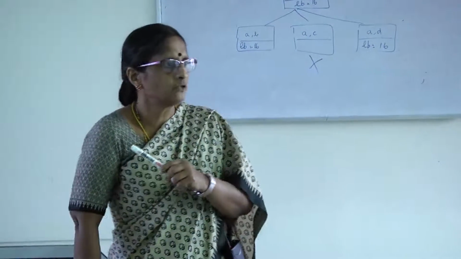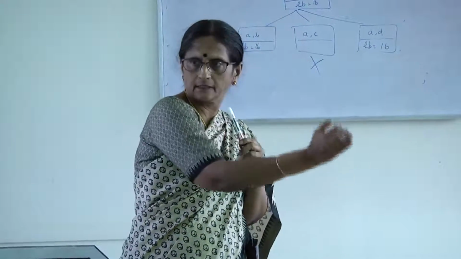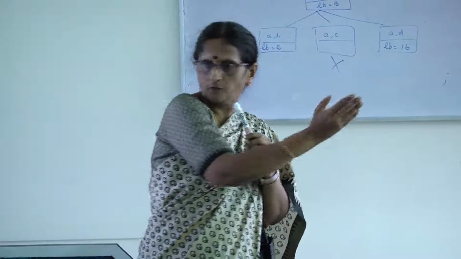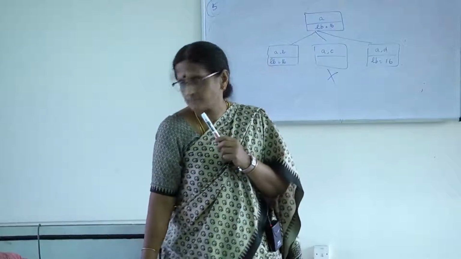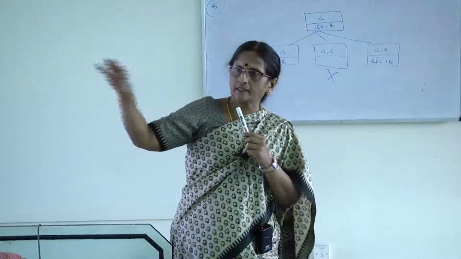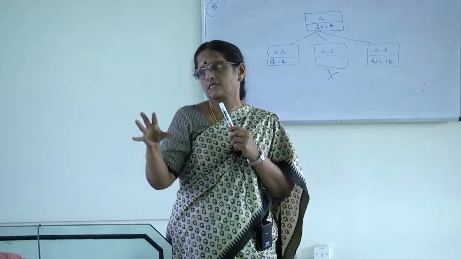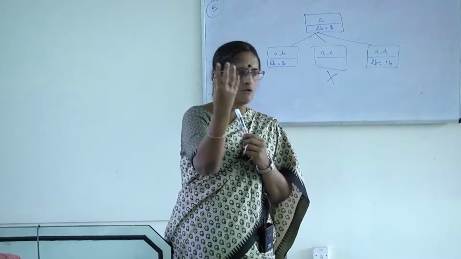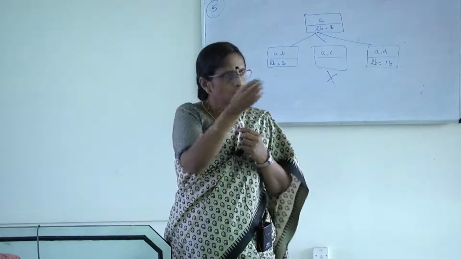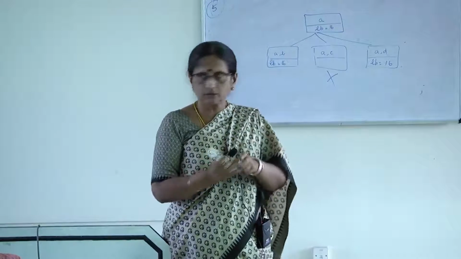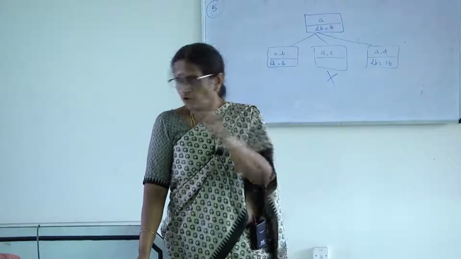The basic difference in the way you compute the state space tree of backtracking and branch and bound is that in backtracking you construct it depth-wise. You place the second queen, you place the third queen, you place the fourth queen. Here you will be constructing it breadth-wise, in the sense that when one node, he calls this a live node, or whatever, the current node, you consider all the children first. So starting from A, I will have to look at all possibilities.